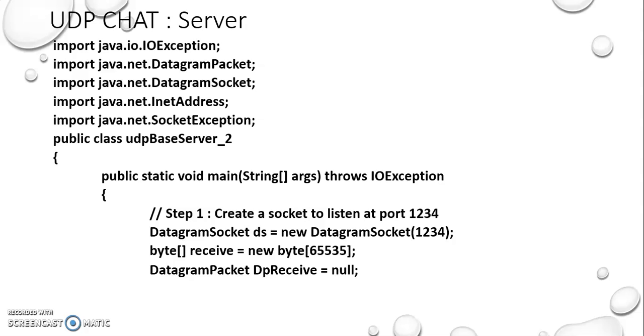So we'll see the server program. The same IOException is there, IO and net packages are there, and the server program is also creating a DatagramSocket with the port number, and there is a byte array. So you have to receive the entire data that is to be sent from the client program. We have a specific data length that is given as 65535 always, and the DatagramPacket dpReceive is initialized to null initially.